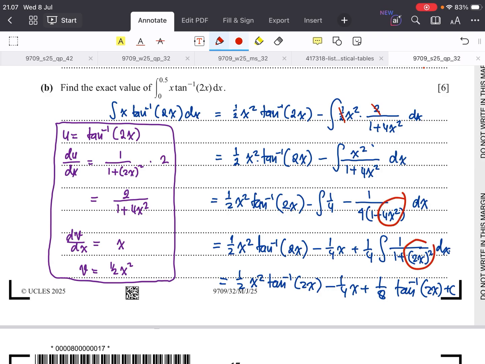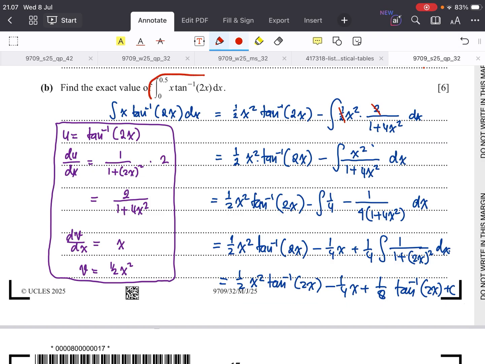This one becomes (2x) squared. And then you use the integration formula in the booklet. The integration of this part is 1/2 tan inverse 2x. But then we have 1/4 here. So 1/2 times 1/4 is 1/8. So you see, this is the integration that we have done using integration by parts.